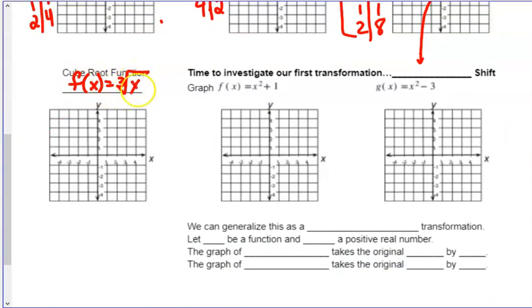All right, the next piece we have is our cube root function, which looks very similar to our x cubed function, except that just like these points were turned around, these points are going to be turned around for our x cubed. I'm going to do that over here if I can squeeze that in. That gives me -8, -1, 0, 1, and 8. That would give me -2, -1, 0, 1, and 2.